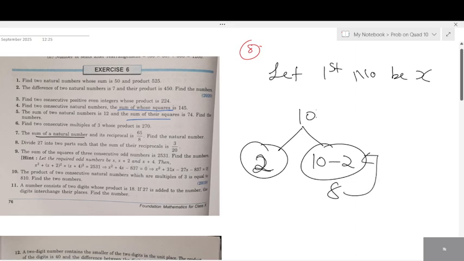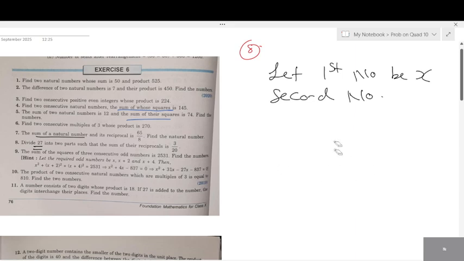In the same way, they have told us to divide 27 into two parts. We don't know what the first part is. We have taken x. The second part you have to take 27 minus x.